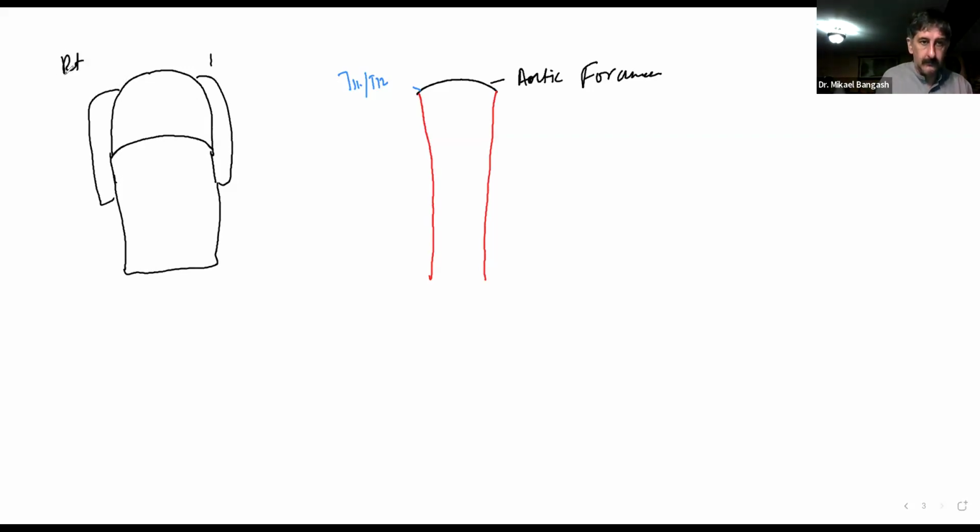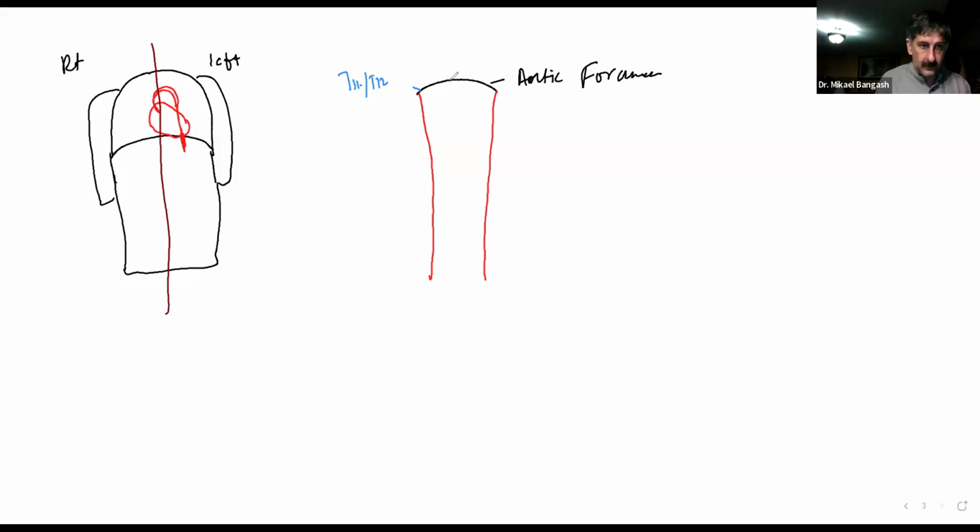This is right, this is left. And we had the heart, the aorta branches and goes down. So if we look at a mid-sagittal line, the aorta is going to be entering more on the left side.